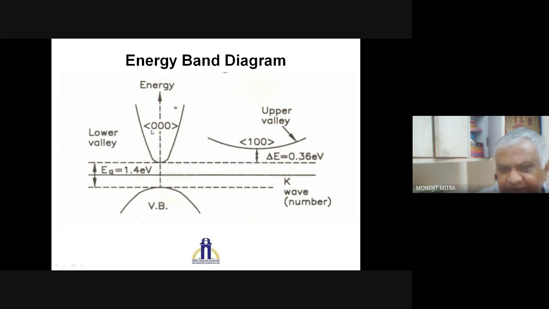Instead of one conduction band value, there are multiple values. Here at least two are there, and the energy difference between the bottoms of these two conduction band valleys is 0.36 electron volt. Based on this idea, Gunn developed his diode, and according to his name, the diode came to be called the Gunn diode.